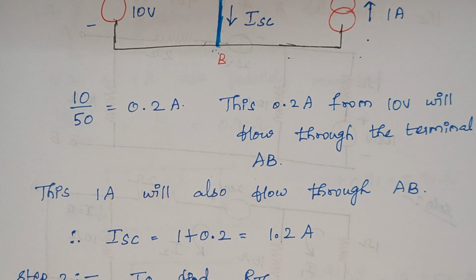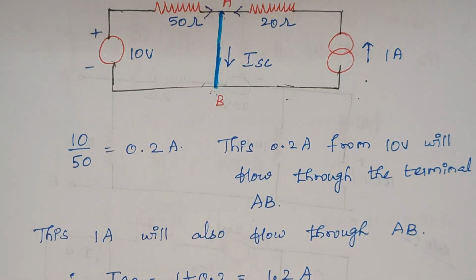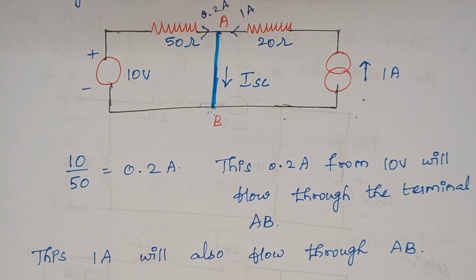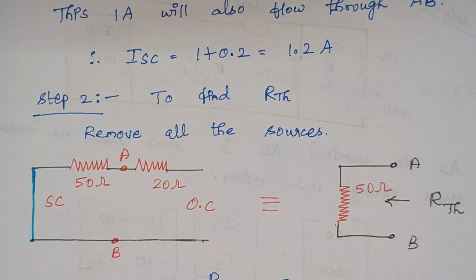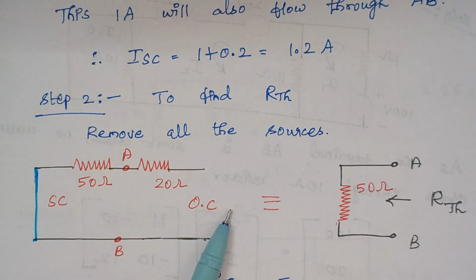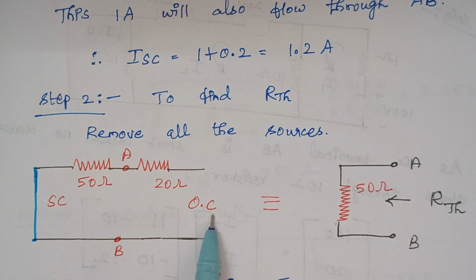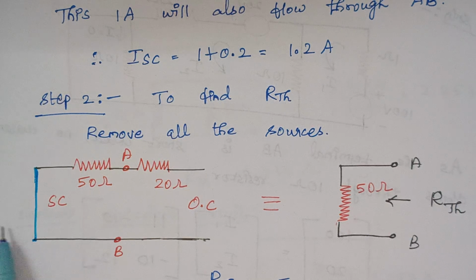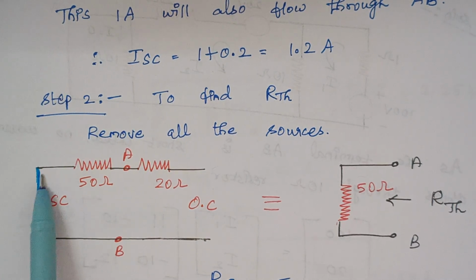The next thing is we have to calculate the Thevenin resistance. To calculate it, we have to remove all the sources, either voltage source or current source. Once you remove them, the current source becomes an open circuit, and the voltage source becomes a short circuit.